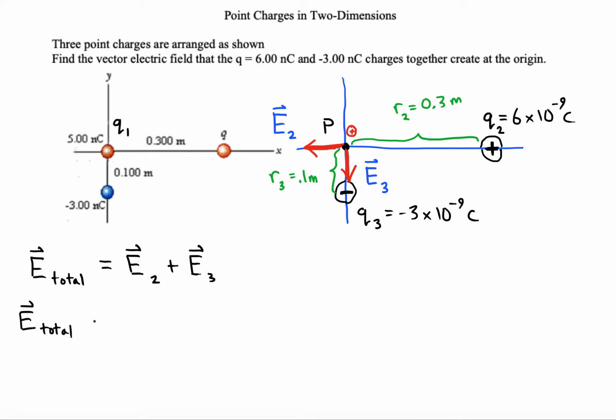And the formula for field is k Q over R squared. And as I had done in previous videos, I want to add a direction to it as well because it's a vector. That'll be R2 hat. And we'll have k Q3 over R3 squared, R3 hat.